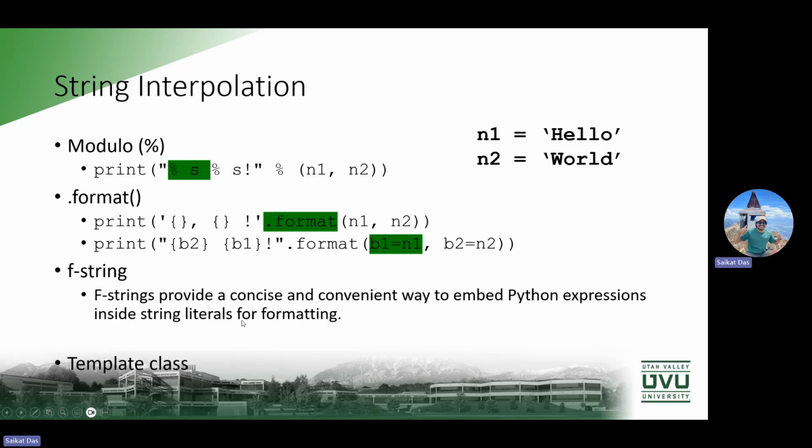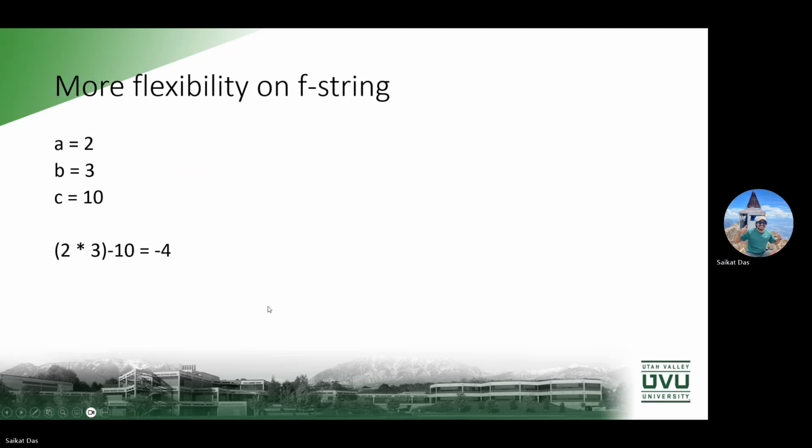F-string is easier. I don't need to do anything, just the F, N1 and N2. Just two variables. Now, when we're using F-string, it is more flexible because we can write both the string and the integer all together. For example, I would like to write this.